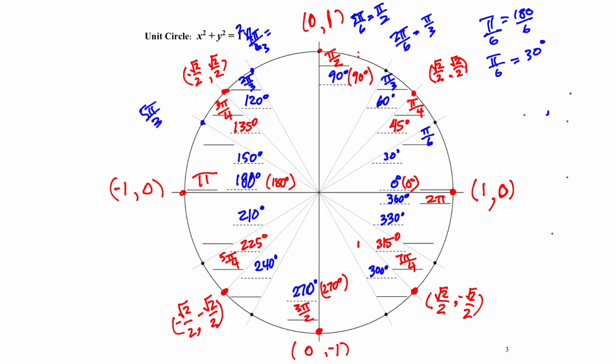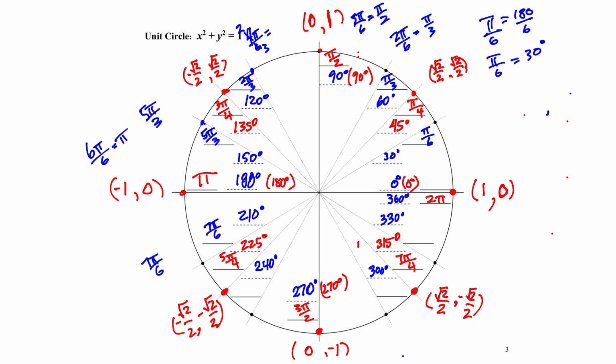That doesn't need to be reduced, so I'm going to put that in there, 5 pi over 6. And then if we add another 30, we're at 6 pi over 6, which is simply pi. We already have that written in there. Then we have one more pi over 6, so that's 7 pi over 6. That can't be reduced. That's this value right here.